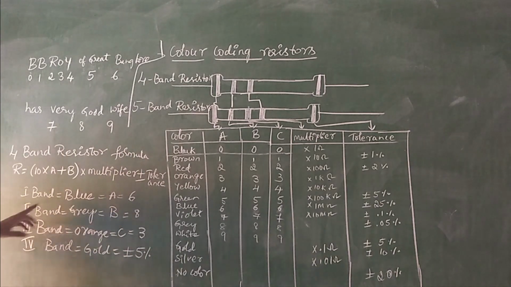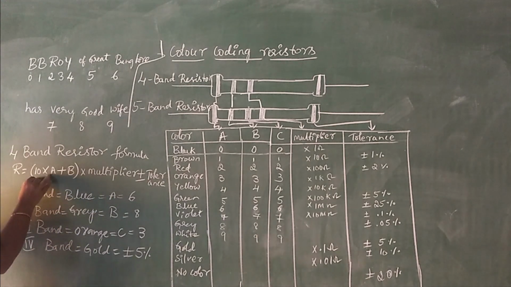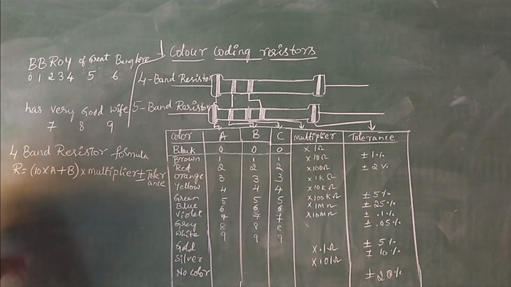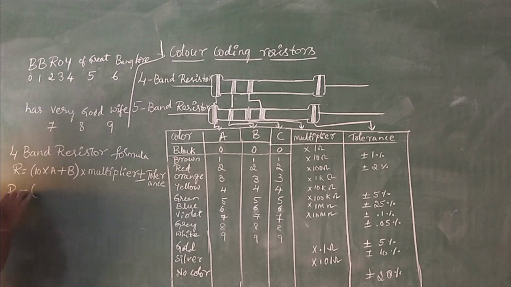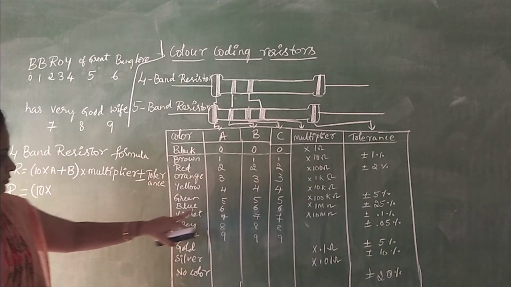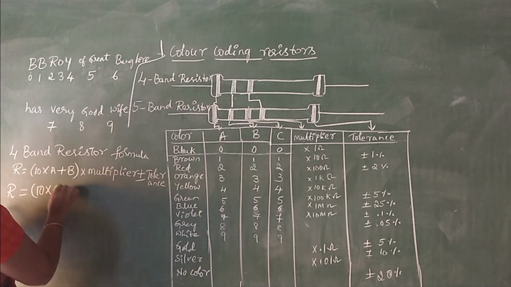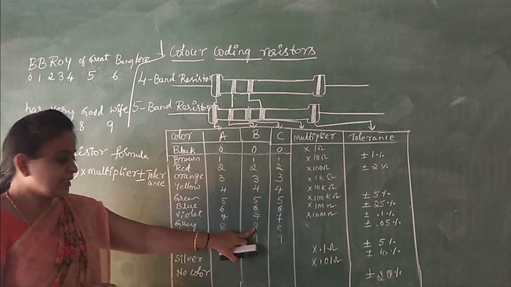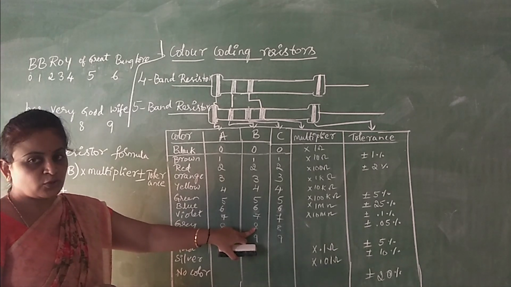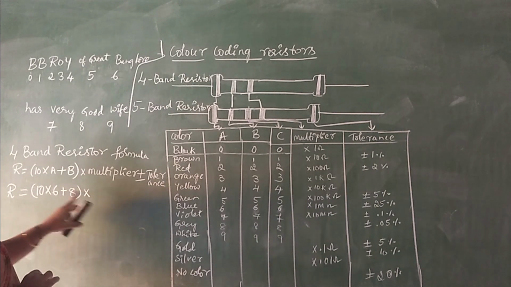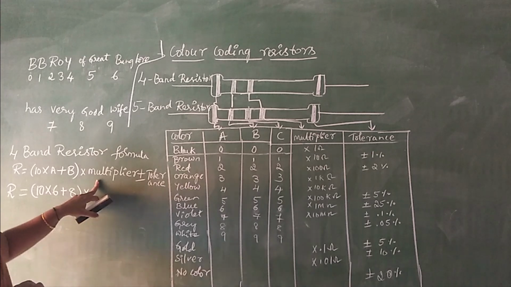So apply these values to this formula. First is blue. R is equal to 10 into A. Blue is 6. 10 into 6 plus B, grey. Already I have said grey means 8. In the B band we have to look. So 8, close the bracket, into multiplier, which is orange, the third band.